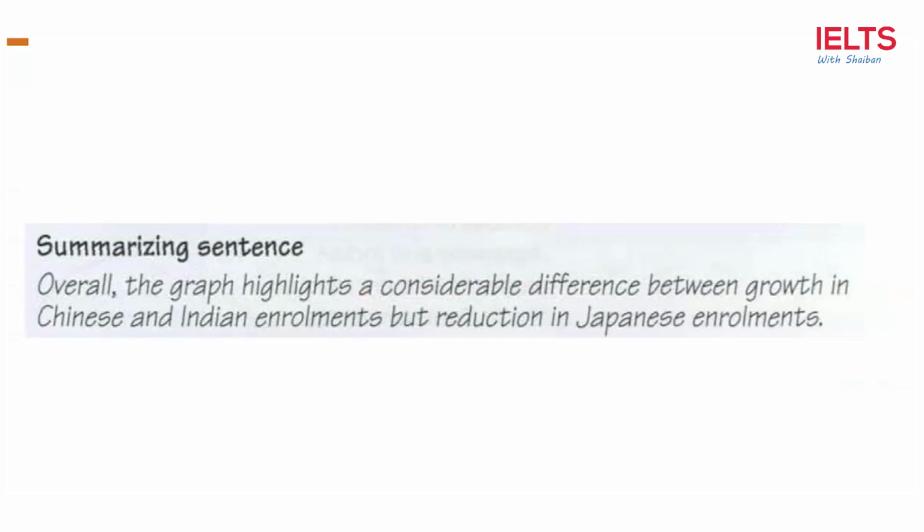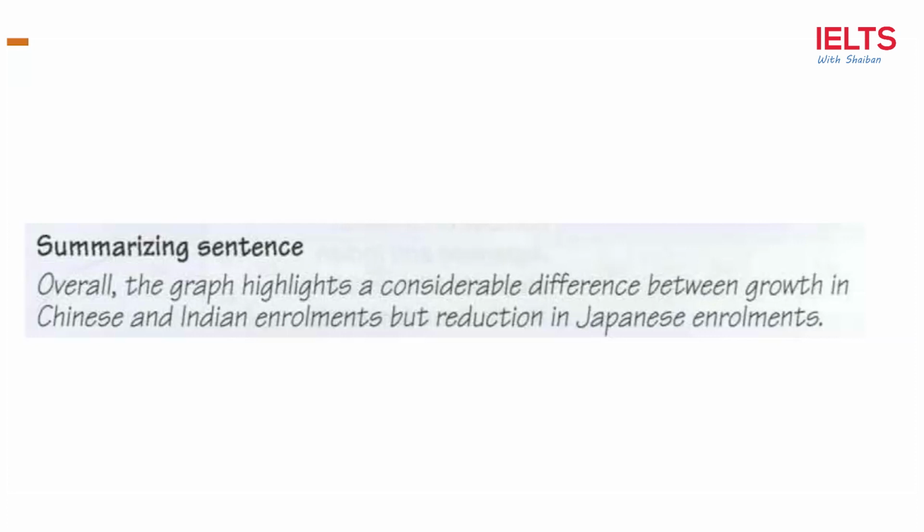Now we have an example of a summary. Here you can see the summarizing sentence about the same graph concerning the Japanese, Indian, and Chinese students. Overall, the graph highlights a considerable difference between growth in Chinese and Indian enrollments, but reduction in Japanese enrollments.